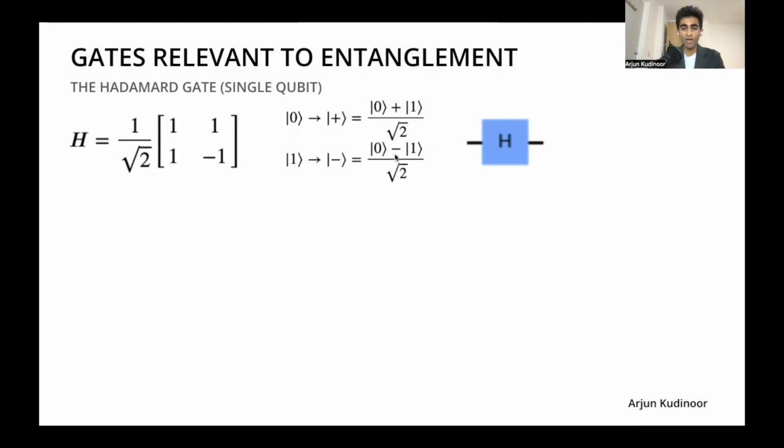Well, if you were to write down the gate matrix for this, it looks like such. We call this the Hadamard gate. Turns out to be really important during entanglement, especially because, as you can see, we're creating an equal amount of 0 and 1 states, just like we started with an equal amount of horizontal and vertical photons in our experiment. But we'll get back to this.